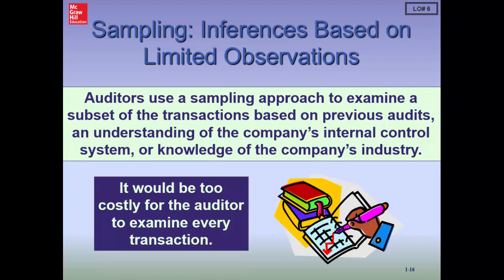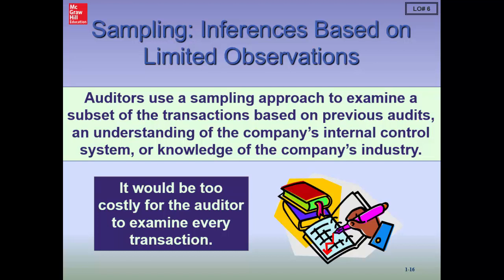The last piece that we want to talk about is sampling. We're going to be spending some very specific time talking about sampling. Auditors use a sampling approach to examine a subset of transactions. Critical in terms of understanding the scope of what our services are is it would be too costly for the auditor to examine every transaction, but at the same time, we need to understand that sampling creates risk.